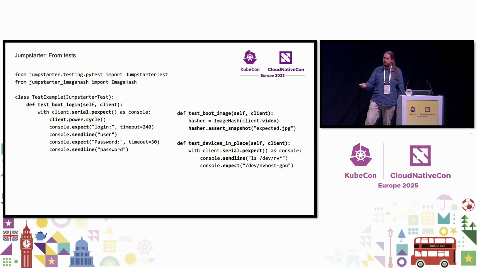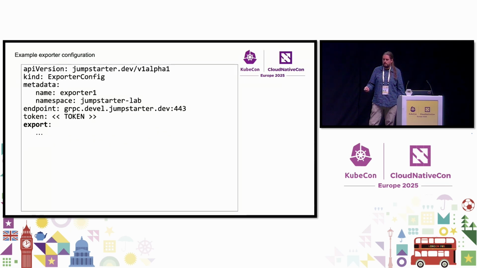And the next test is going to take a video frame and compare it to a snapshot that we have on the repository with some degree of freedom. You can configure that. And then it's going to interact with the console to make sure that you have specific devices. For example, we use this for testing that the NVIDIA Orin device drivers work, and that the GPU is working, that we can run inference, and so on. It's one of our internal use cases.